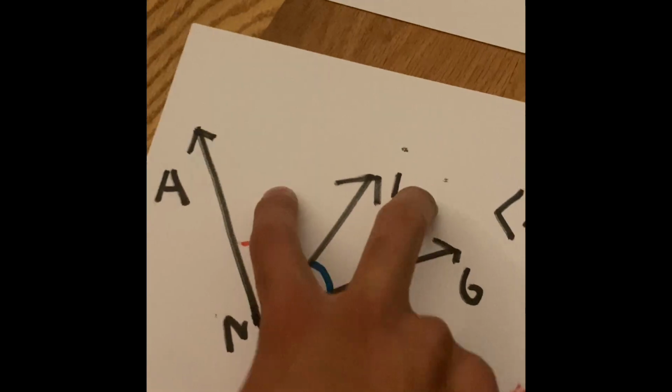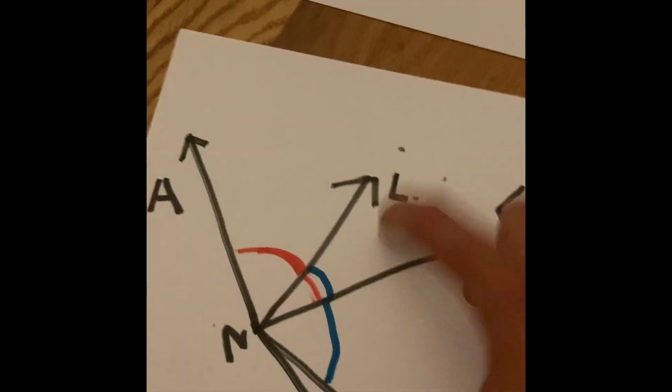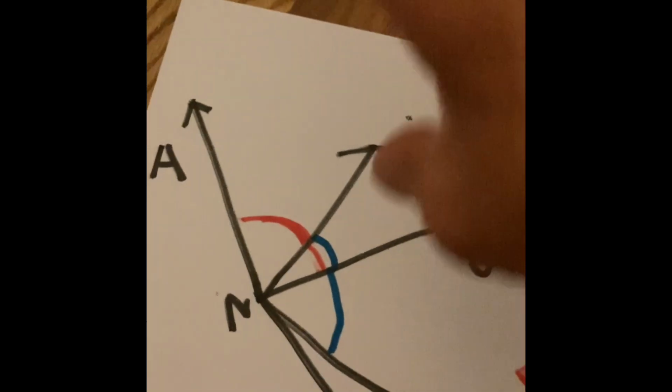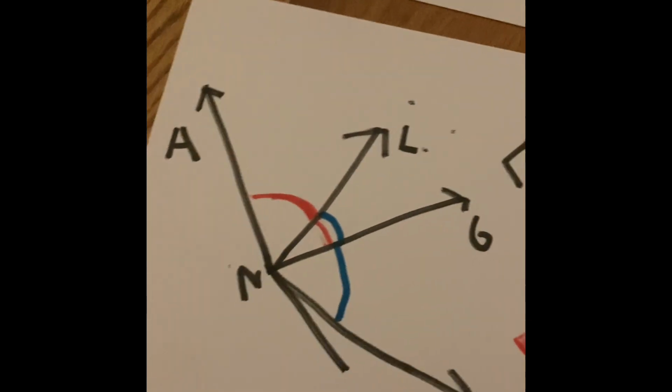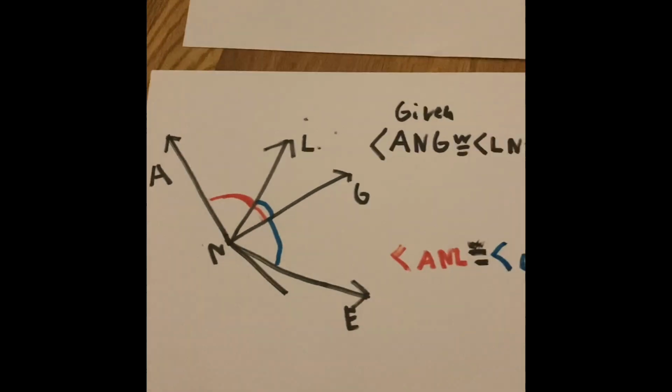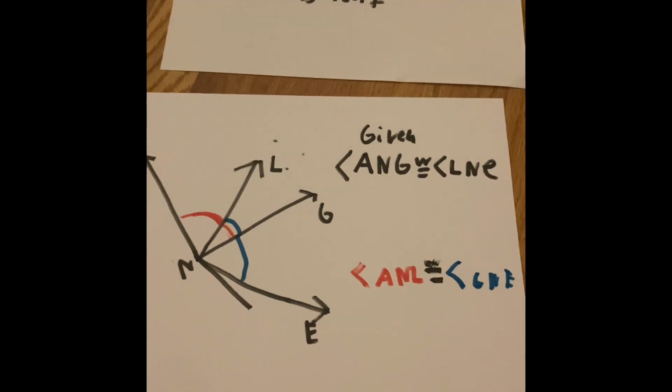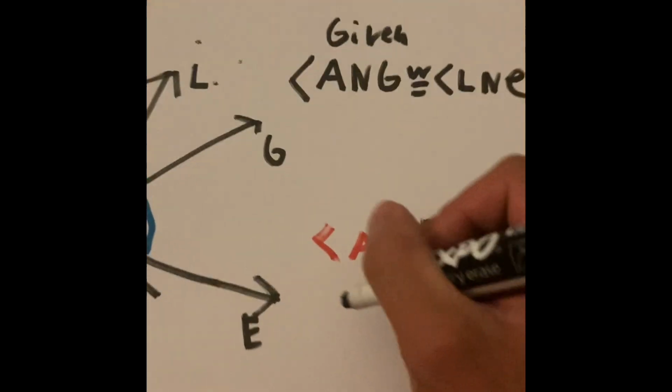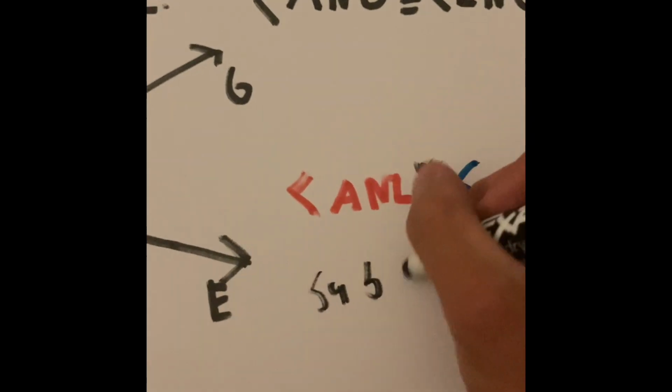If this and this make up AG, and this and this make up LE, right here is our answer. If you wanted to do a proof, or understand your reason, we would say subtraction property.